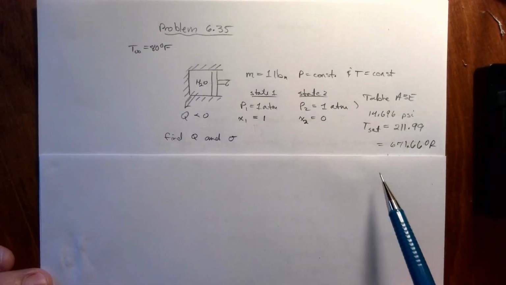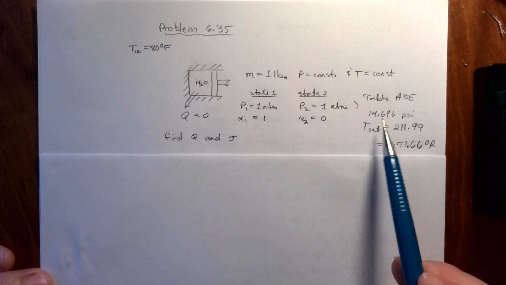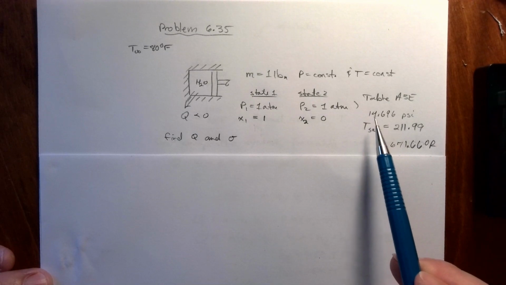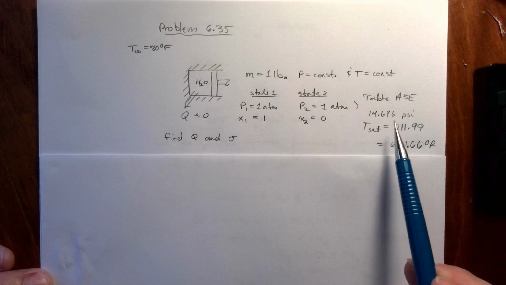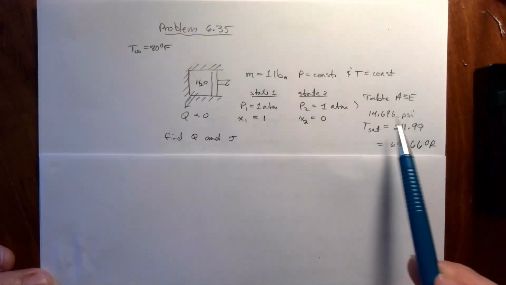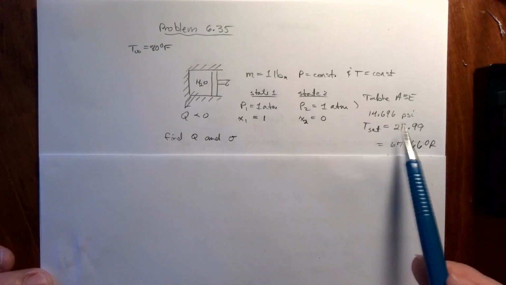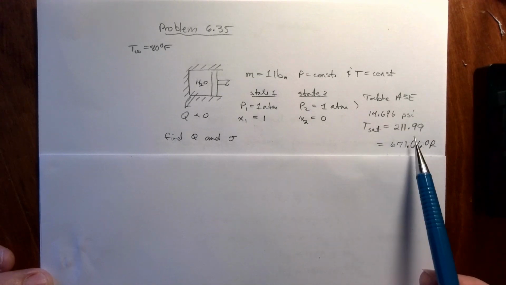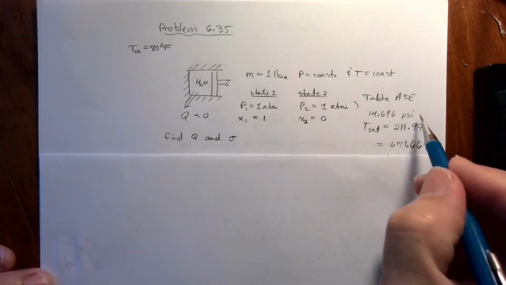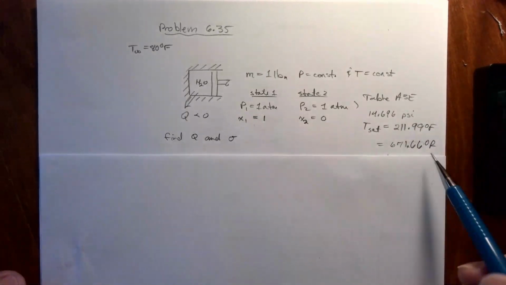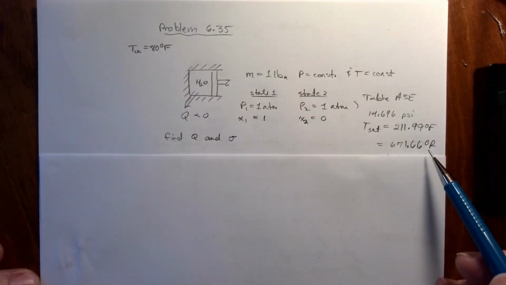In the tables, A-3E I think it is, they give us one row that corresponds to 1 atmosphere, 14.696 psi. So use that row in the table. T saturation at that pressure is 211.9 degrees Fahrenheit, so we're going to convert that to degrees Rankine right away.